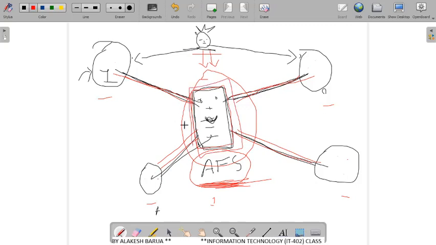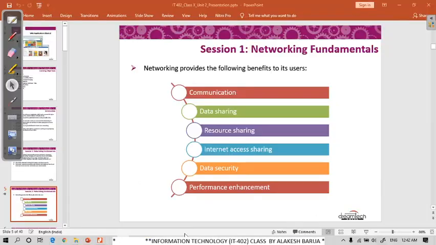This improves data security in all the four computers. So this is what is being told here, that data security is very much improved by networking.